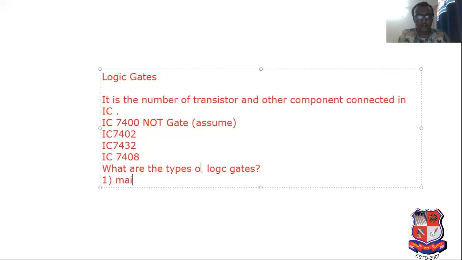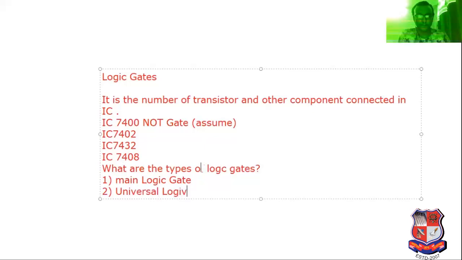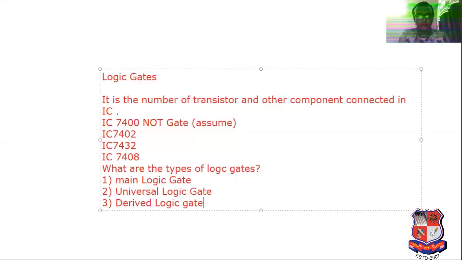First is the main logic gate. Second is the universal logic gate. And third is the derived logic gate.